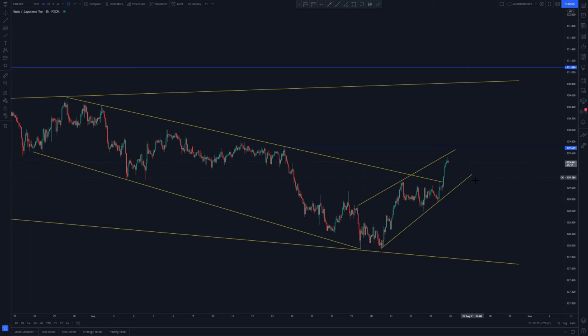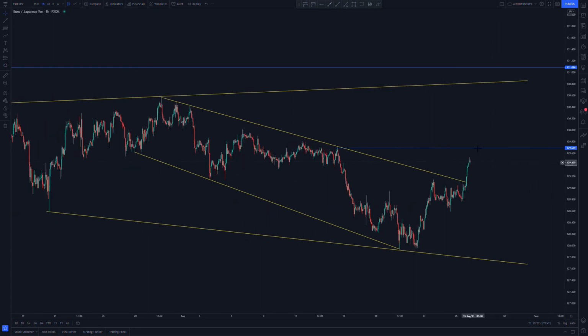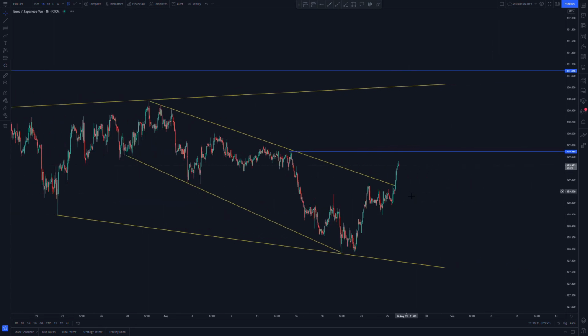The only time that I'll be focusing more on the upside, as you can see, we've broken this high, and there's this high here, so it's more likely that price might come and break this high, and then we push to the downside again.